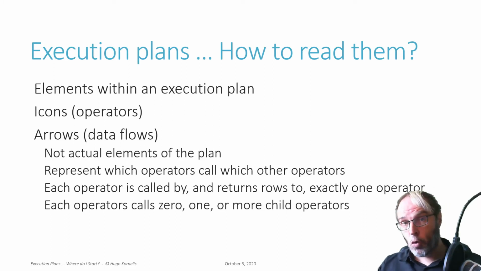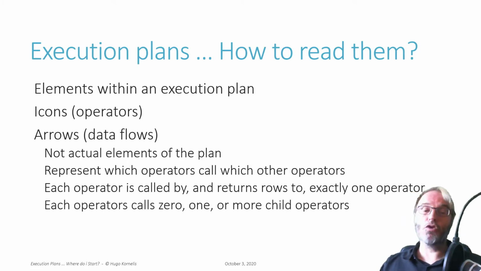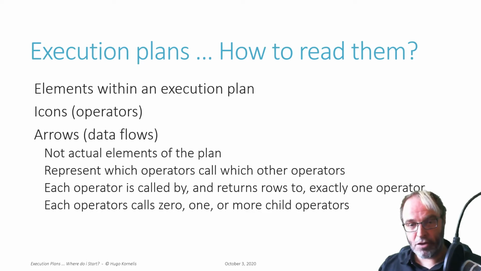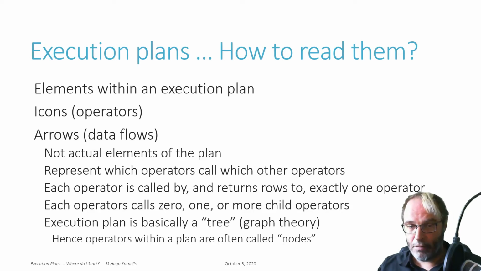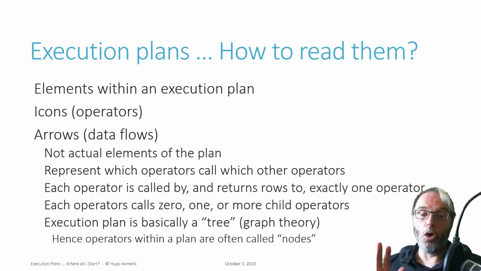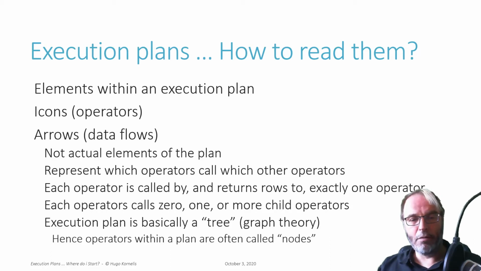Many operators call one other operator too, but there are also operators that don't call other operators. And there are operators that call multiple other operators. This results in something that mathematicians call a tree in graph theory. And because of this link to graph theory, operators within a plan are sometimes also called nodes, which is also a term from graph theory.